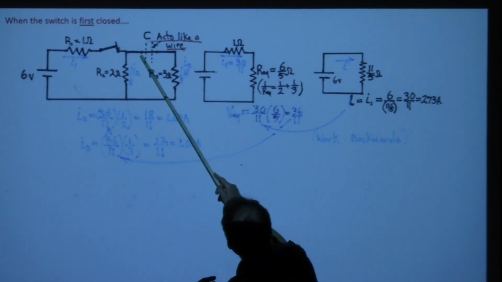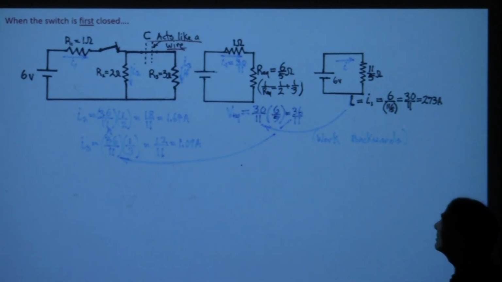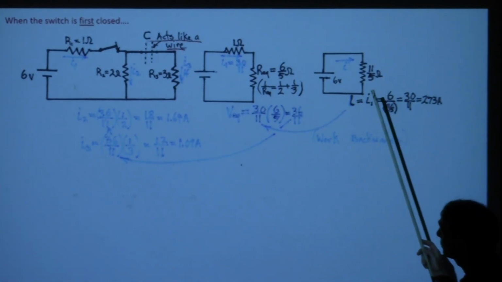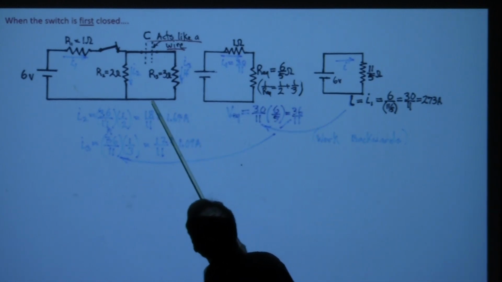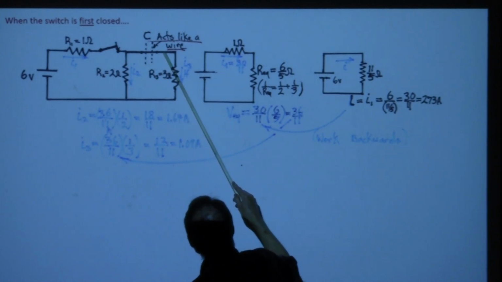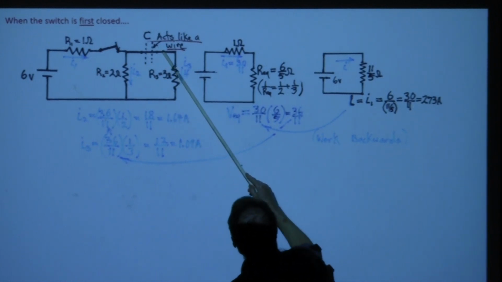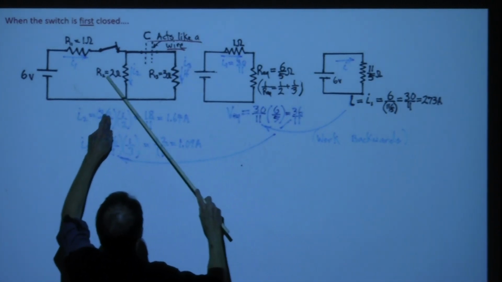So if we do that and put this in, here's a classic case where we can use reducing circuits. I don't need to jump in and do a Kirchhoff's loop. I'll just reduce this. If I replace the capacitor with a wire and simplify it, then these two are in parallel.